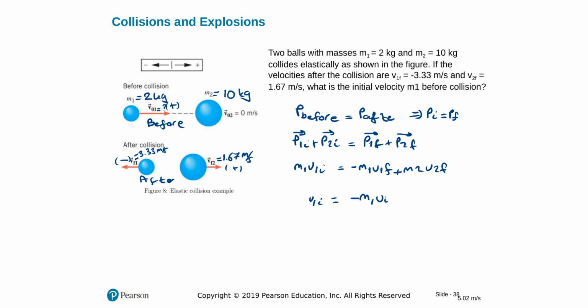So that's actually easier than the previous question. So I set in my values, and all I have to do now is input the numbers, right? I'll have V1 initial is equal to minus M1 2 kilogram.